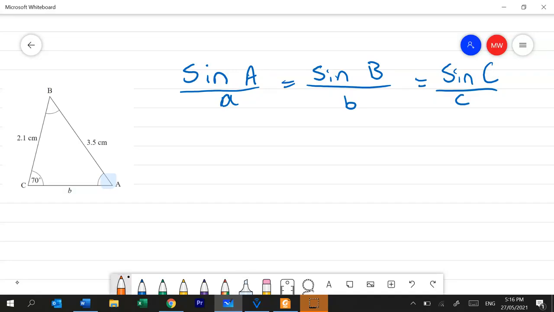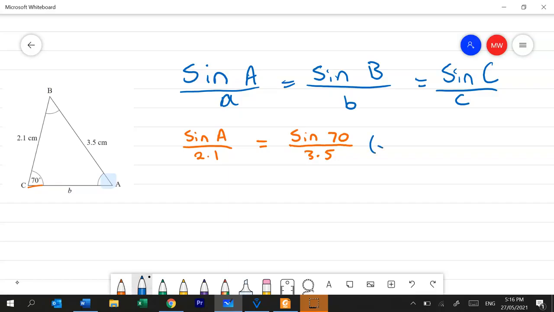We can start with the fact that sine A, our unknown angle, over 2.1 is going to be equal to sine 70, and I'm getting that from here, over 3.5. Now, we're really just using the balance method here at this point.